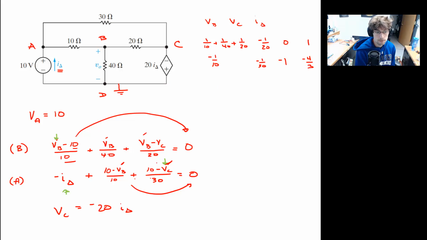Lastly, okay, we have no VBs. We have 1 VC, and this would be 20I, and that would be 0. And there is our augmented matrix. So let's get an answer for VB, VC, and I delta.